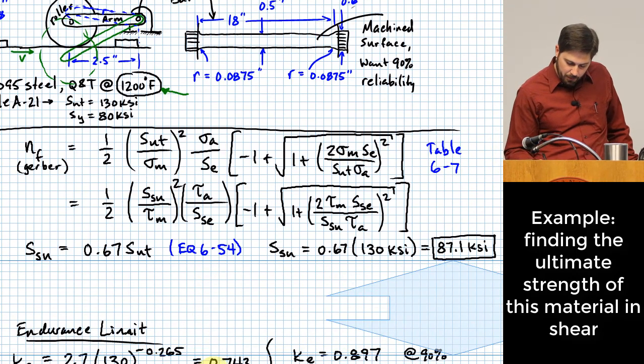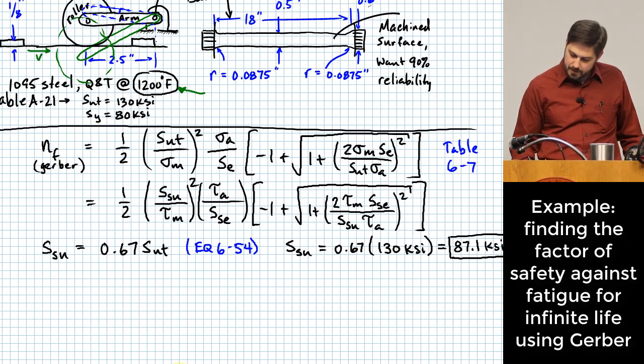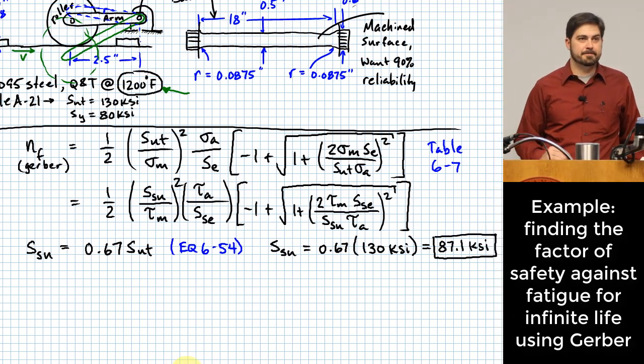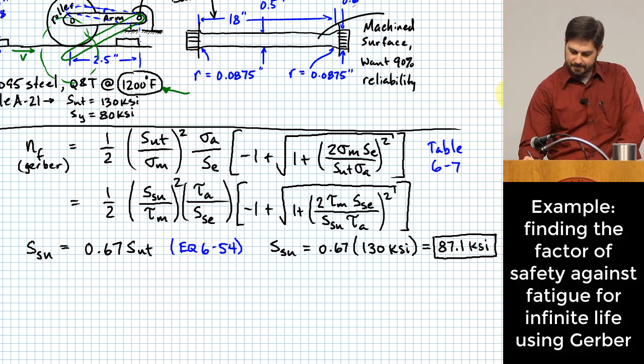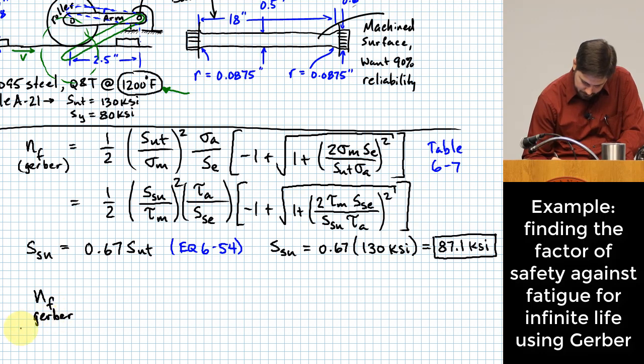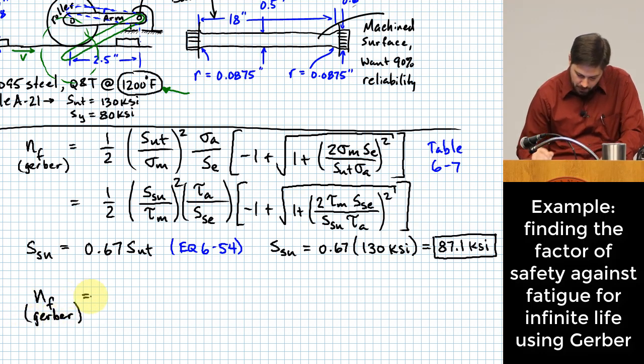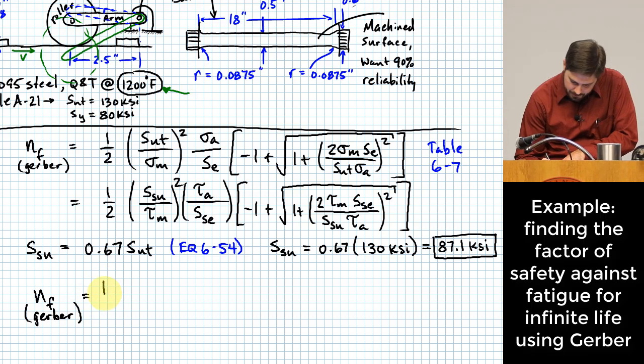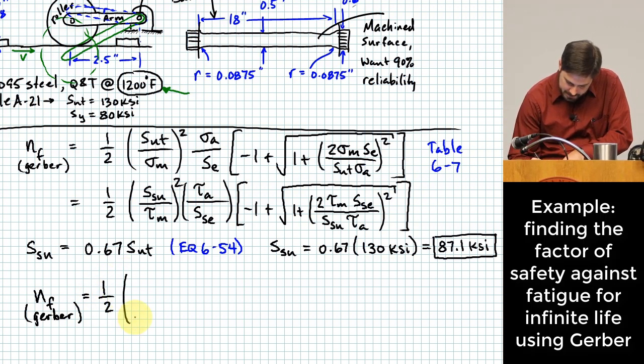All right, so now what we want to do is start plugging it in. So our Gerber factor of safety, we plug in S sub SU up here, 87.1 KSI.